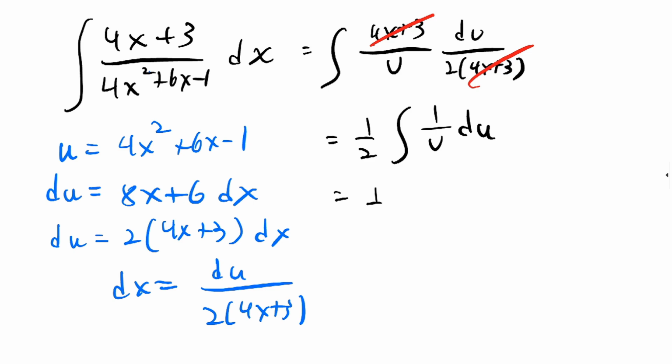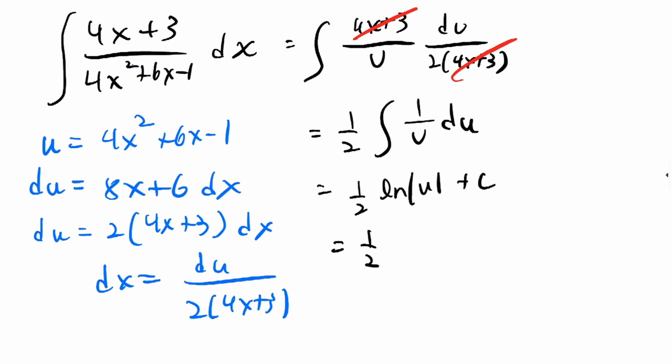This is just 1/2 ln|u| + c, and plugging our x's back into u, it'll be 1/2 ln|4x² + 6x − 1| + c. Okay, so there you have it. That's one of the other types of common integrals that you're going to see.